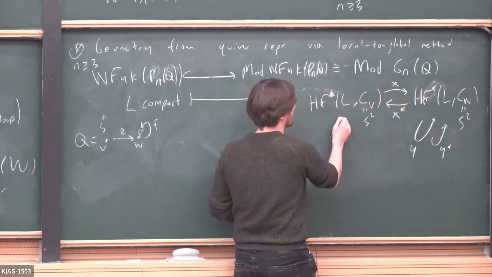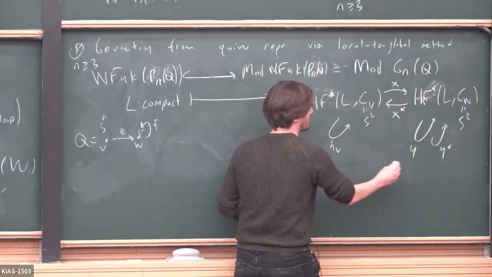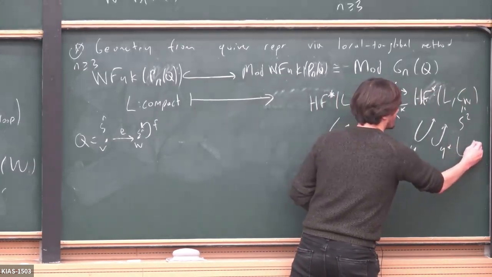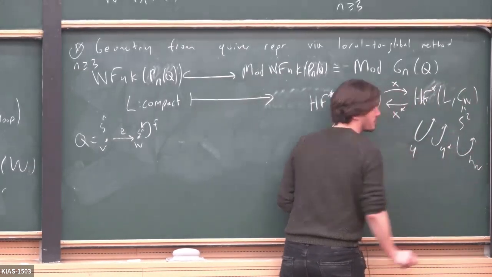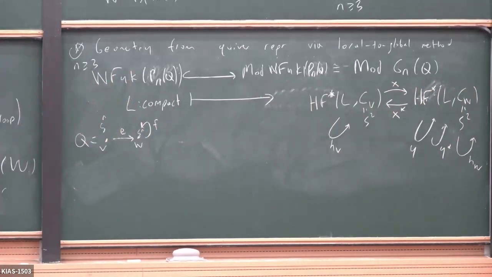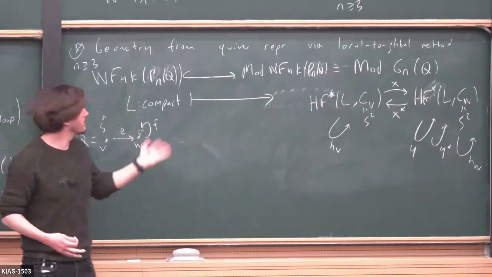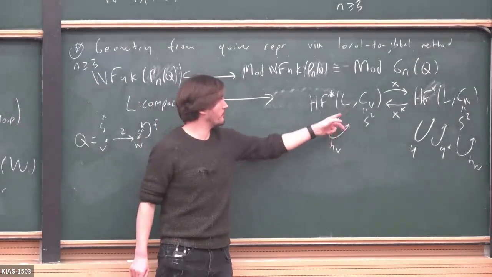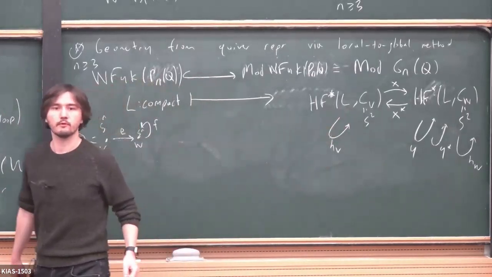And there is an H_V here, and there is H_W here. Just a representation of that quiver, this double quiver, okay? And those maps come from the obvious maps.